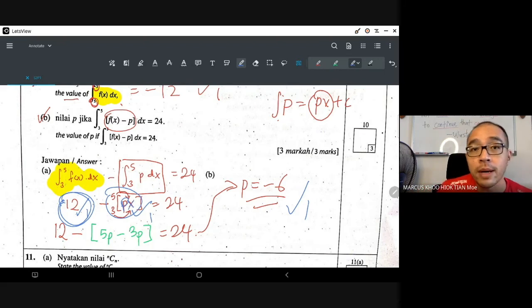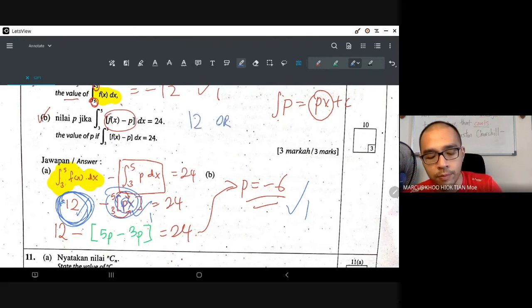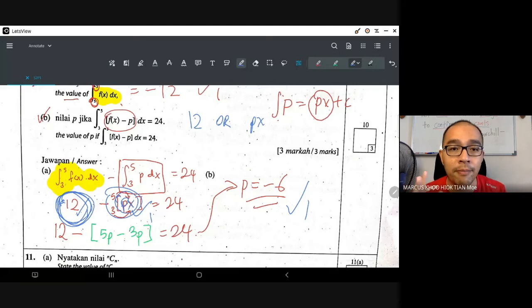So sometimes the marking scheme can be, mana tahulah kan kamu tidak buat ini, tapi kamu integrate dengan betul, kamu masih layak dapat 1 markah di sana. Because it can be 12 or px. So kalau pemeriksa nampak salah satu daripada ini, you will get 1 mark. Well, in my understanding lah, that's how the method marks are given.